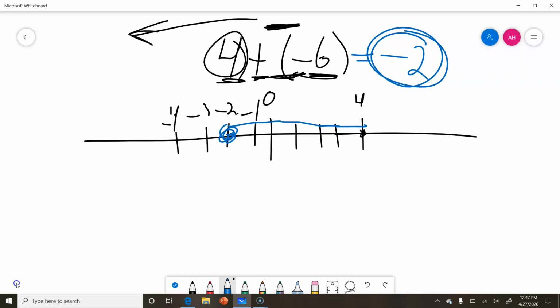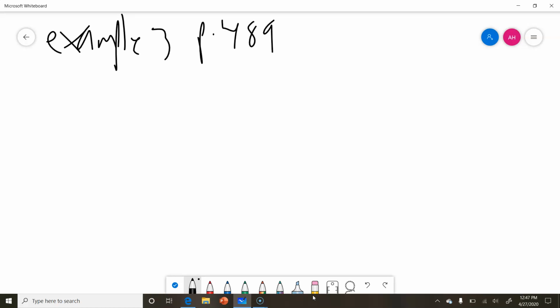So let's say that they make it a little more complicated here. If you're following along, this is example 3, and example 3 is on page 489. So I'd turn there and follow along so you can see what I'm doing.